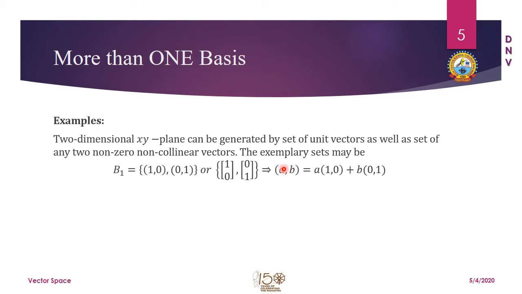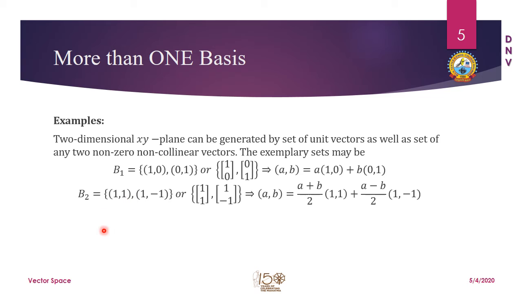Any arbitrary vector belonging to the two-dimensional xy plane can be represented as a times (1, 0) plus b times (0, 1). So the set of these unit vectors will always be the standard basis for this two-dimensional xy plane. Now if we consider a second example of a basis, then we can take these two vectors (1, 1) and (1, -1).